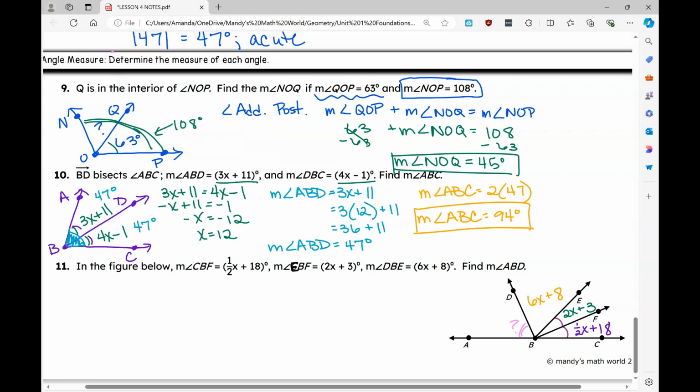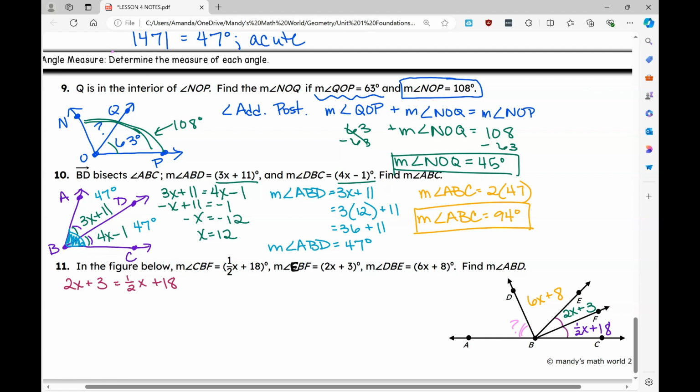Well, I know I have 2 congruent angles right here, which means I can say that 2x plus 3 equals 1/2 x plus 18. So I can set their expressions equal to each other since their angle measures are equal to each other.